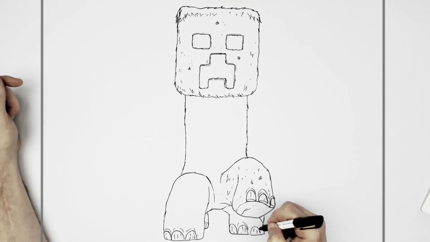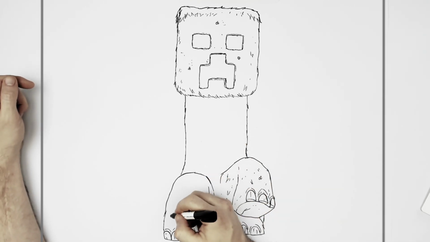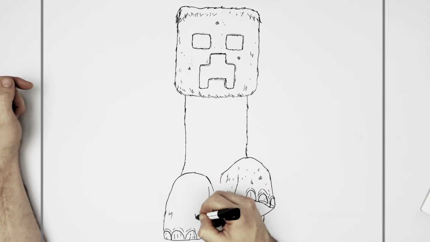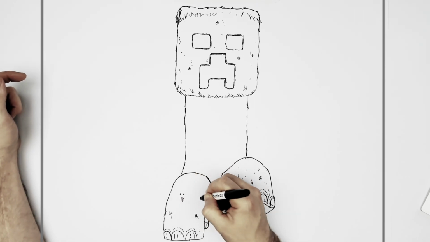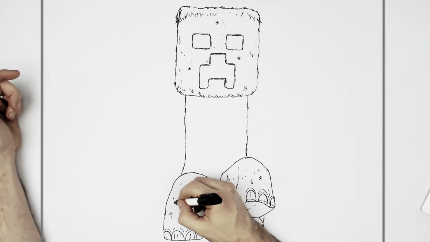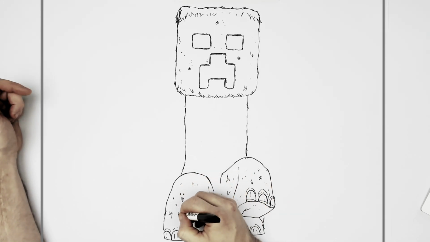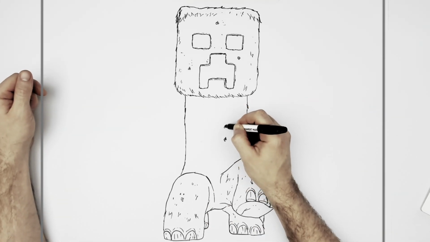And bumps around the toes here. And some fur. And some textures. So I'll add these little texture lines all over his body now. Just these little clusters of dots and tiny little spikes. And there's lots of these little circles on his belly.